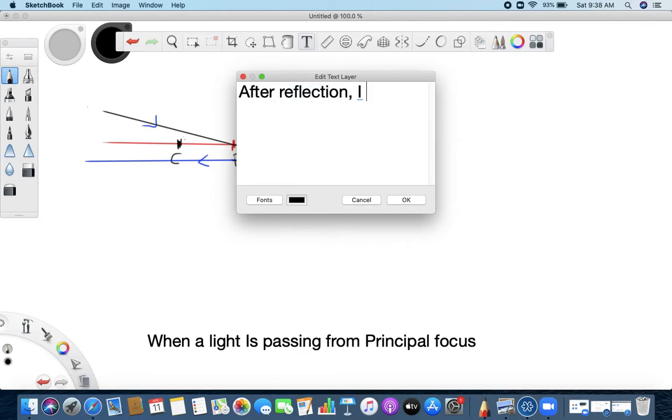It will become parallel to principal axis.